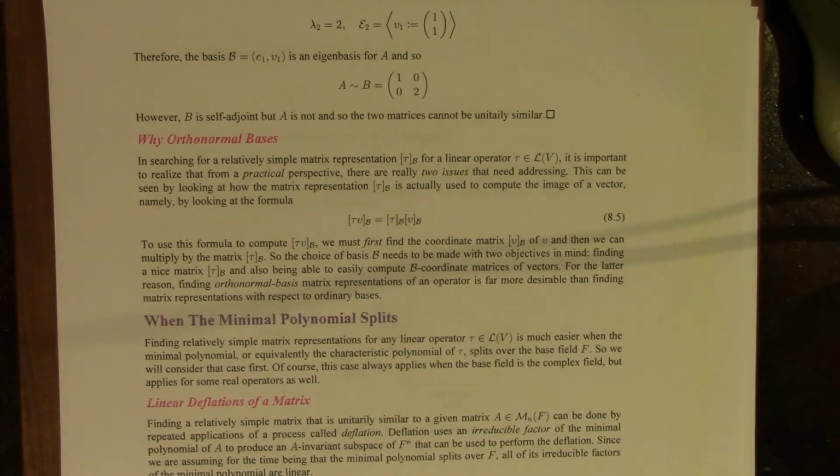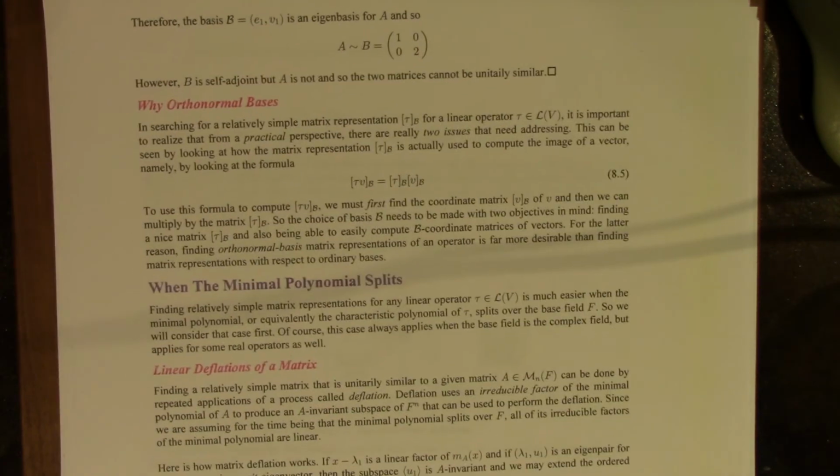Why orthonormal bases? We already know one reason they're easier to work with in terms of finding the coordinate matrices for vectors. But I want to drive this point home. I want to point out something that I have not seen pointed out in general in the courses, in textbooks on linear algebra.